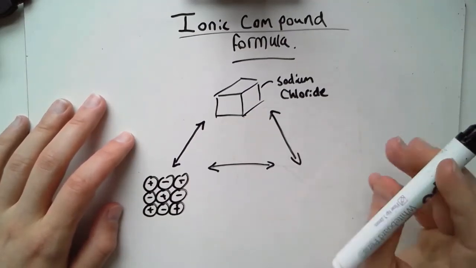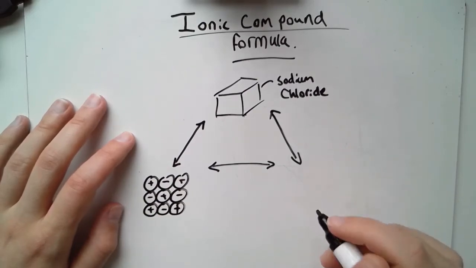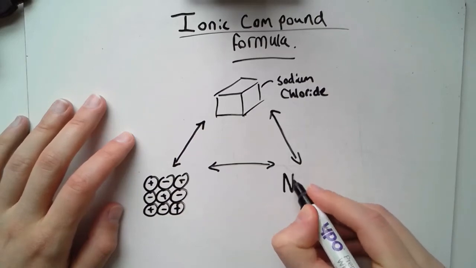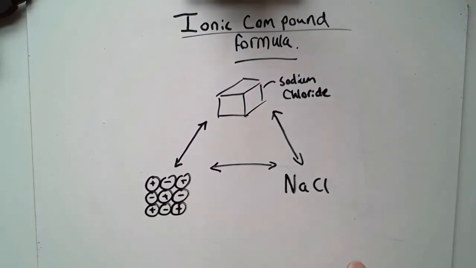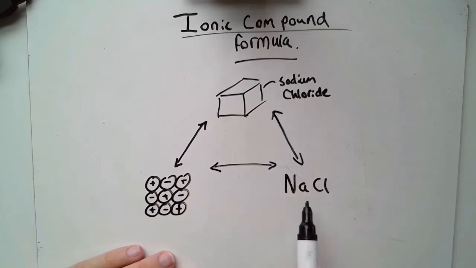But also, in addition to that, we want to look at the formula for these compounds. Now, if you were to represent sodium chloride with a formula, it would be NaCl. One of the things we can't do is, because we know that ionic compounds are giant structures, made of billions and billions of ions bonded together, we can't represent all those sodium ions and all those chloride ions.